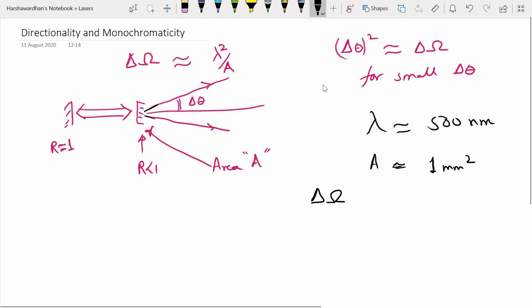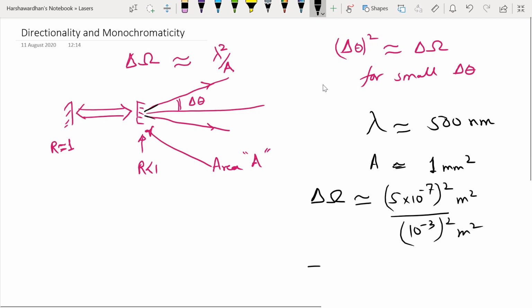So my delta omega, the solid angle, is measured in steradian. This would go like 5 into 10 to the power of minus 7 whole square, in meter square, divided by 10 to the power minus 3 whole square, meter square.